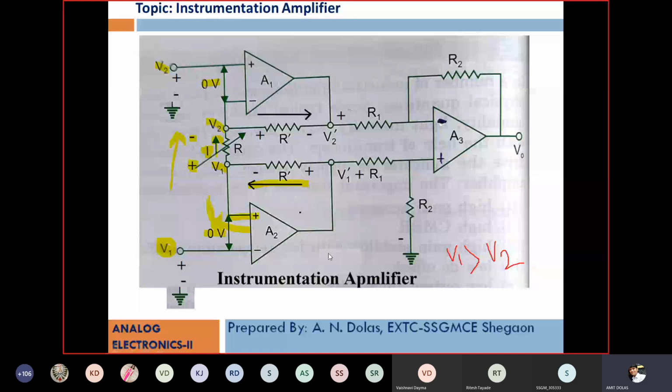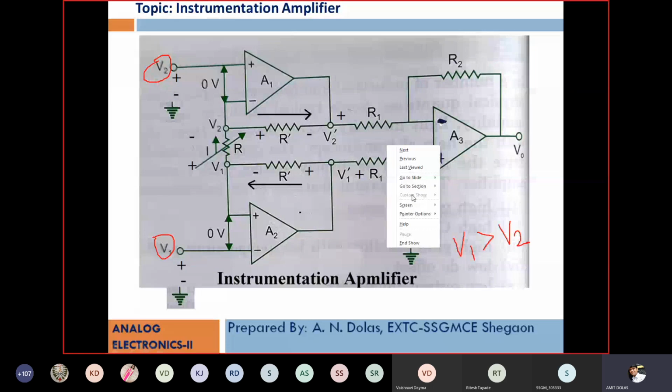Okay. Now, we have seen the condition that V1 is equal to V2. Now I'm looking at the condition V1 not equal to V2, and I'm taking the condition that V1 is greater than V2. So you can see V1 is connected here and V2 is connected here. Is it visible now? Yes, sir.